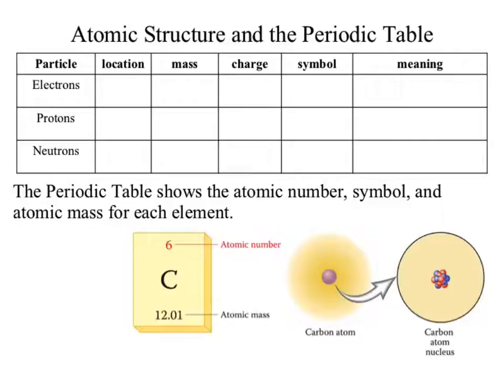Can you repeat this again with the atomic mass and mass number? The atomic mass is the average mass for the element. This takes into consideration all of the isotopes.